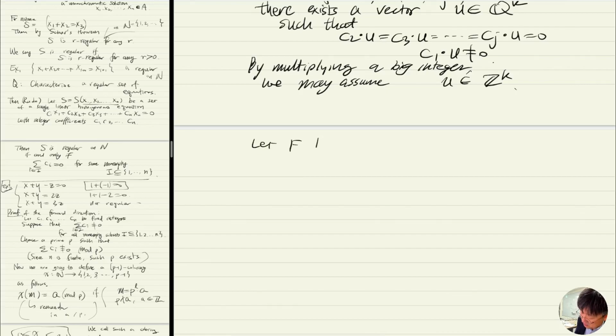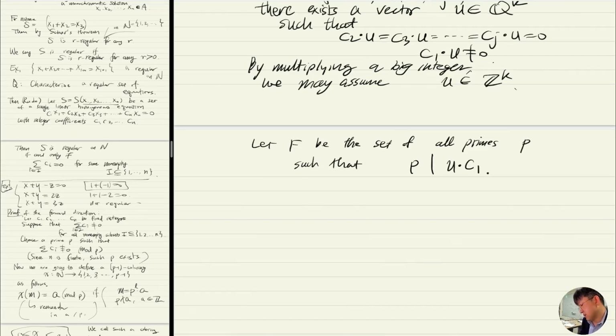Let F be the set of all primes p such that p divides u dot C1.